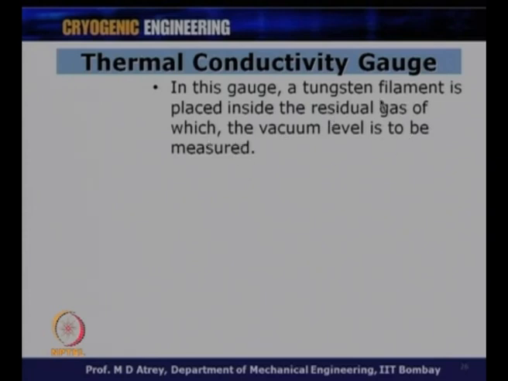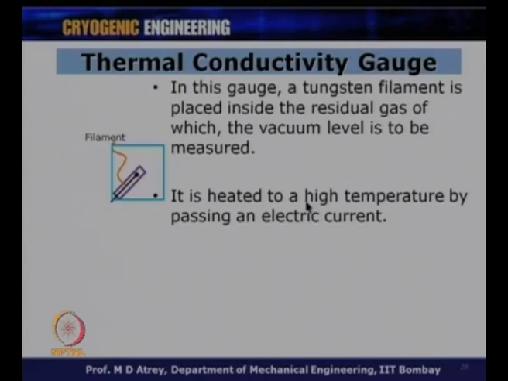So, we have a tungsten filament which is placed in the gas, and this is residual gas around this pressure range, 10 to 10 to the power -3 torr. You can see this is a filament, and I have a gas around this of which I want to measure the pressure, and this tungsten filament is fed some current, and therefore, it will get heated. It is heated to a high temperature by passing an electric current.